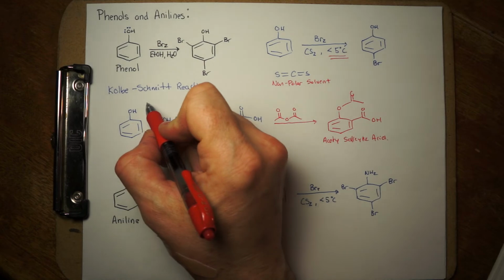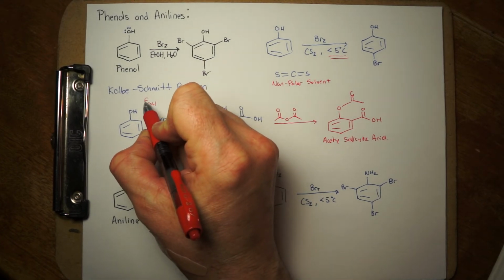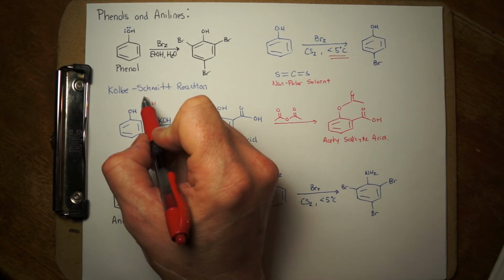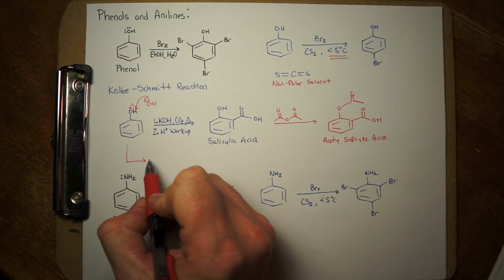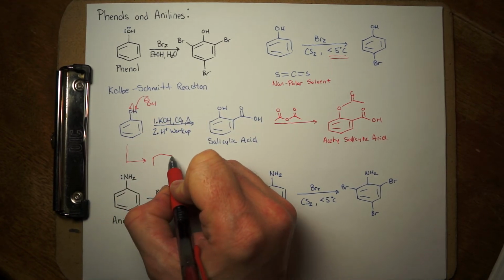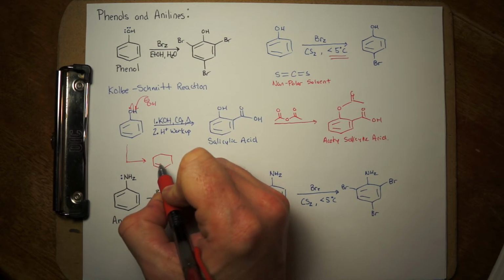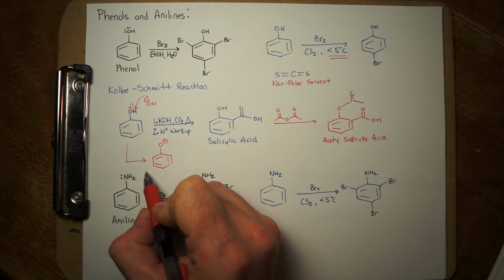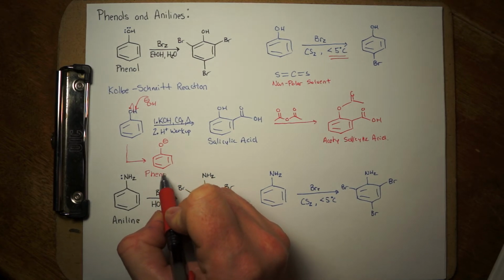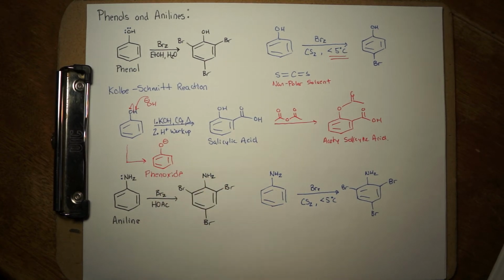Mechanistically, what is happening is the hydroxy group from potassium hydroxide is going to pluck off this proton. And we're going to create a phenoxide anion. Right? You can imagine if phenol is an activated arene, phenoxide would be very, very activated.